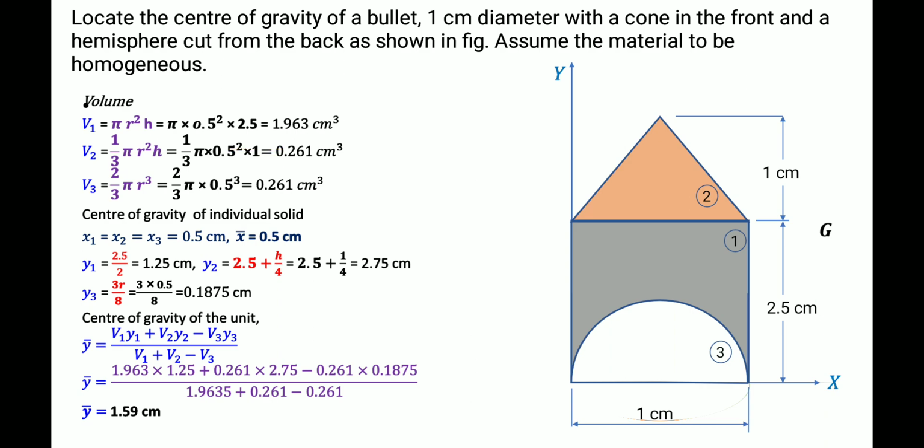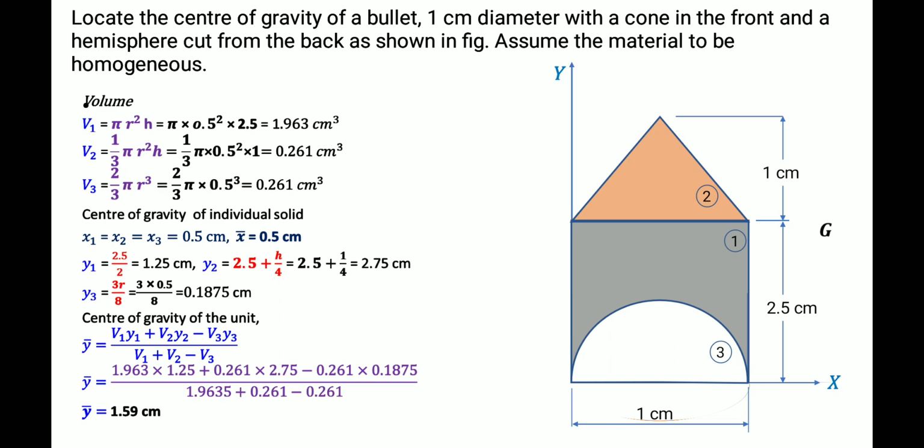We will get the volume of the cylinder. Then the volume of the cone is 1 by 3 into pi r square, right? So r is the same, 0.5, and the height of the cone is 1 centimeter. Then V3, that is the volume of the hemisphere, is 2 by 3 into pi r cube. So the radius is 0.5, and we will get the values.